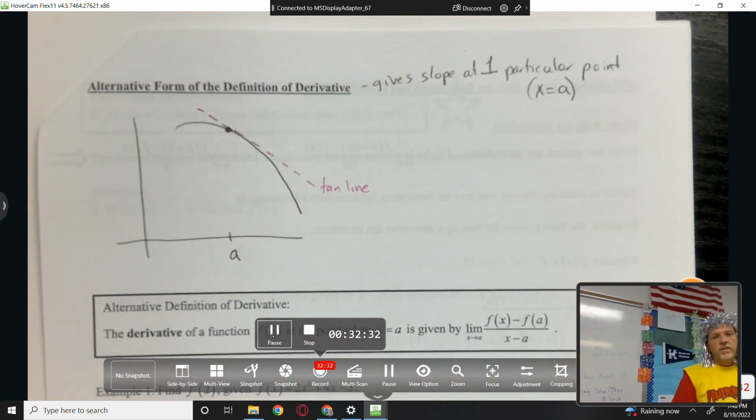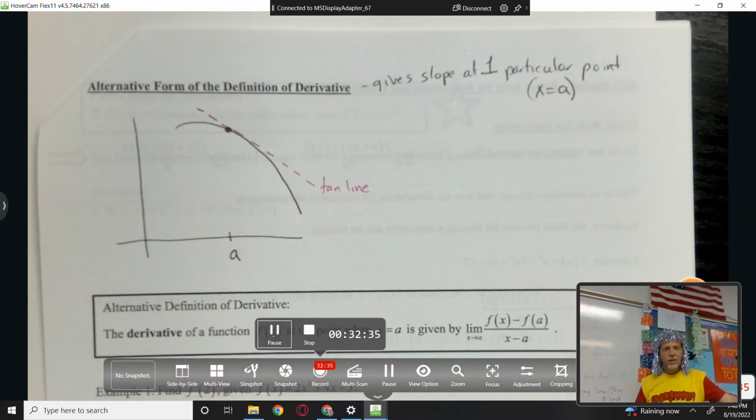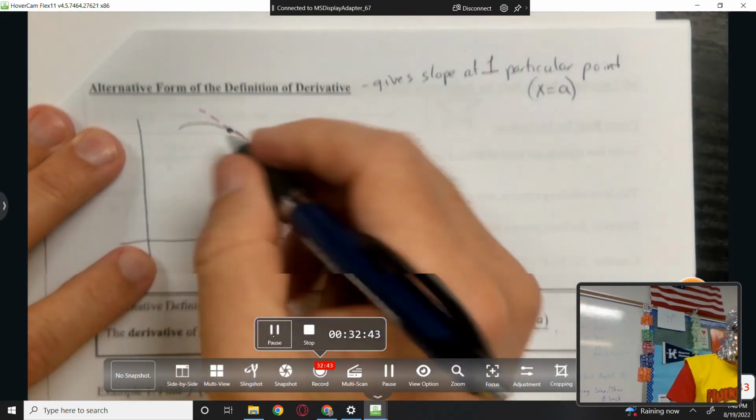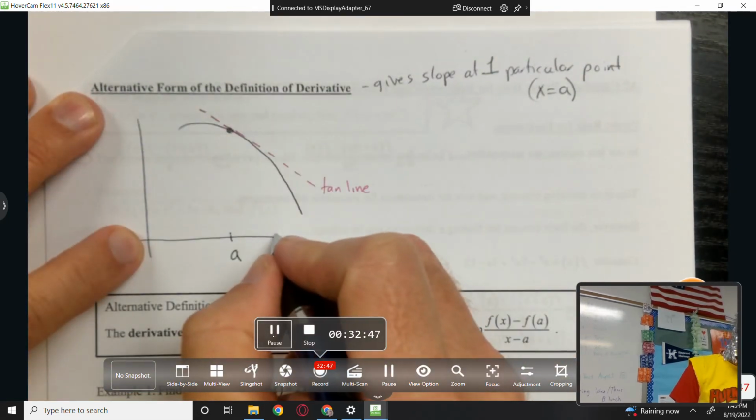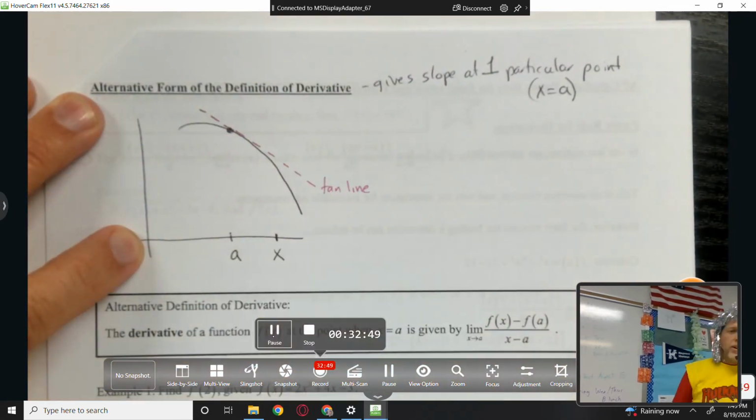This picture is going to be really similar to the last picture, where we're going to get an algebra slope, shrink the denominator to 0 to come up with a calculus slope. So we're aiming for the slope at A. Let's pick some other point over here, x.